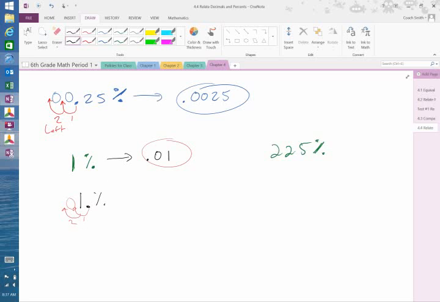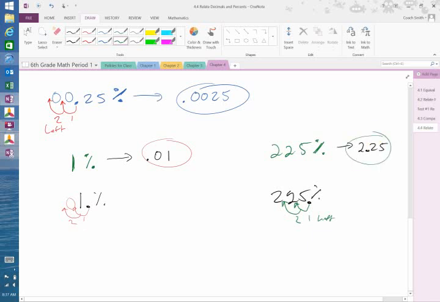Who has that one? Joy. Yes, 2.25. Because in 225%, the decimal would be right there to the right of the 5, and we need to move it once, twice to the left. So 2.25 would be your answer.